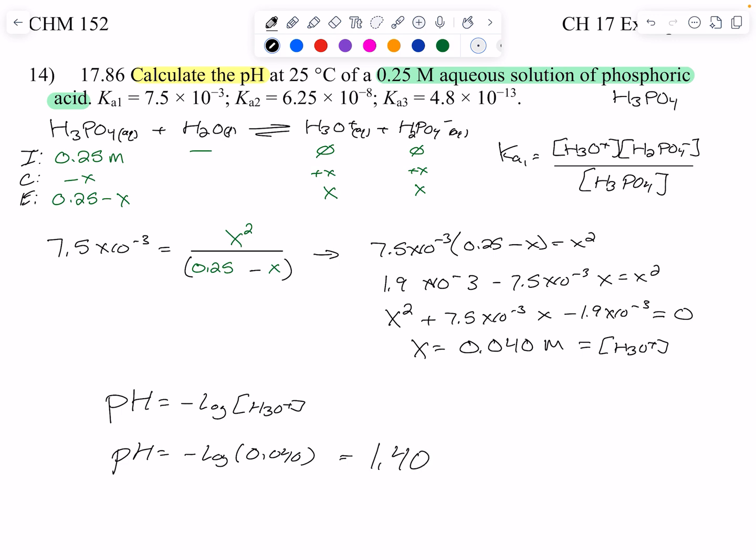Now, the reason we ignored, I'm going to write this down, we ignore the concentration of H3O plus from Ka2 and Ka3 due to them being much, much smaller than Ka1, right?